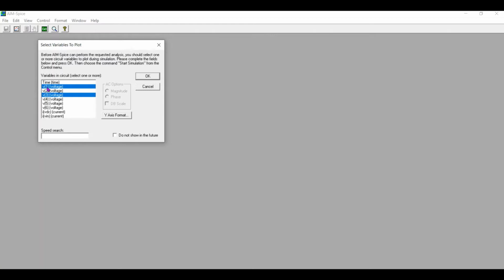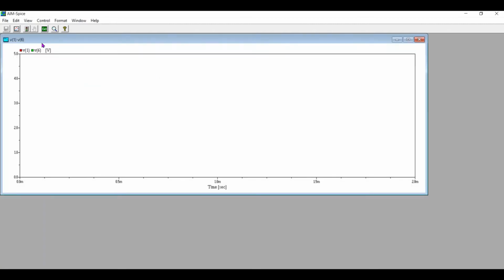Therefore, we will be seeing the input which is at node 1, and the output which is at node 6. So V1 and V6 are our area of interest. Click OK. You will get this window. In this, your red one will be V1 and green one is V6. That is, red one is the input and green is the output. Then simulate it using the simulation symbol.